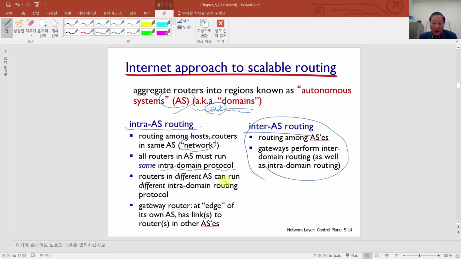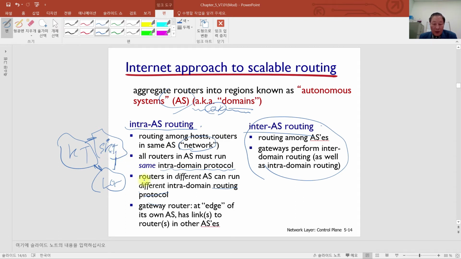Routers in different autonomous systems can run different intra-domain routing protocols. Think about this one being KT's, this one LG U+, and this one SK Telecom in Korea. Between them, it is internally intra, but externally inter.